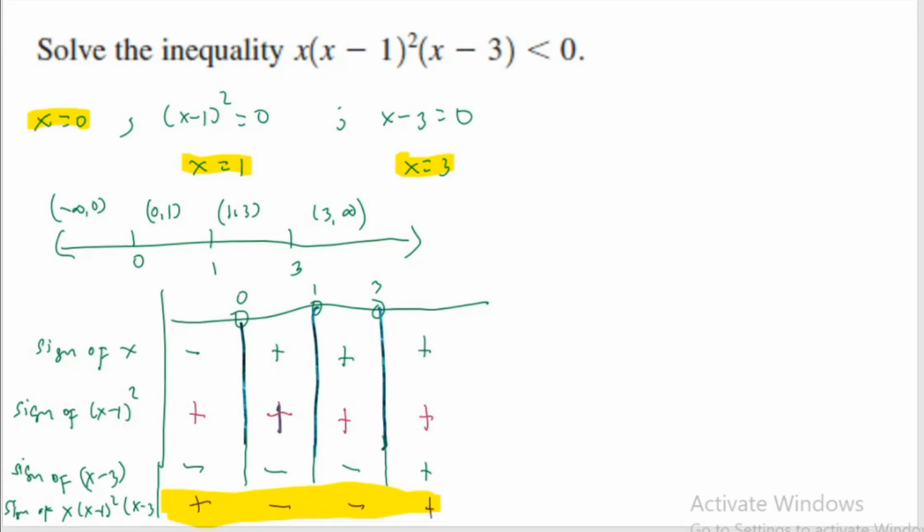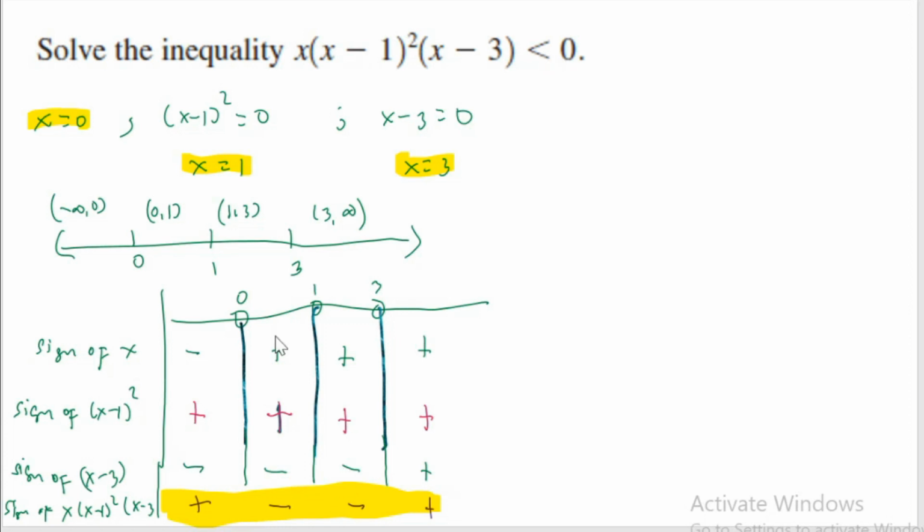Then we are going to check which of these intervals satisfy the given inequality. As we could see, since the given inequality is less than 0, it means the solution set will be these two values, which is the negative and the negative, which will satisfy the given inequality that is less than 0.